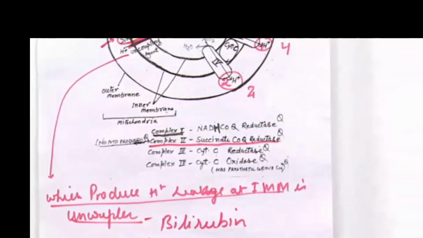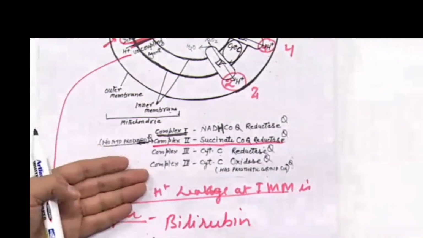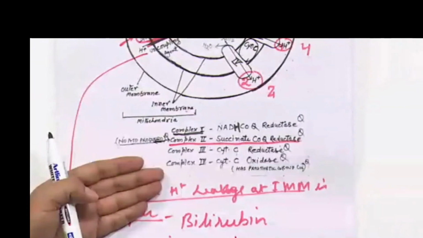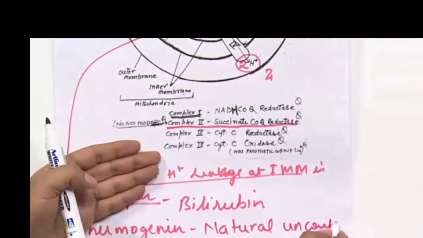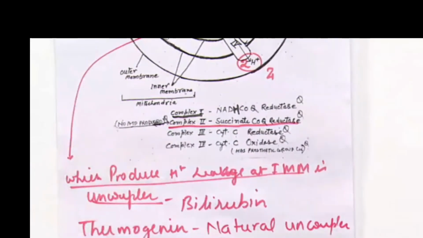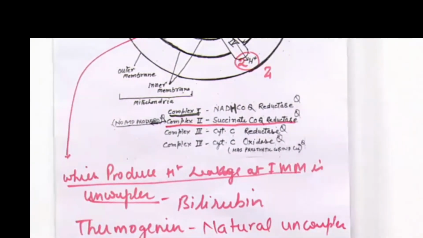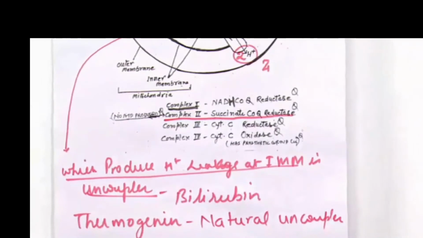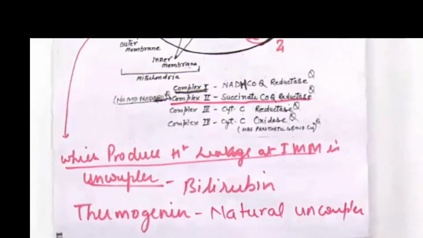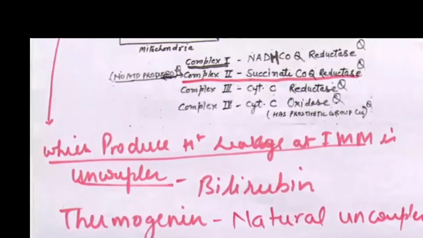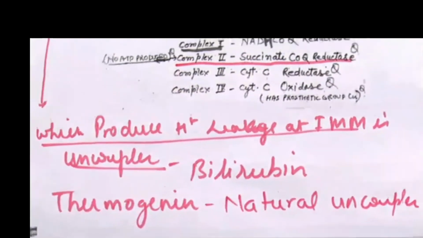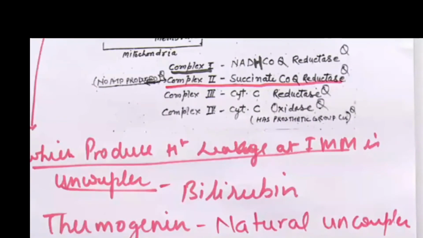Thermogenin is a natural uncoupler. What does it mean? You know, thermogenin is found in brown fat. Brown fat is responsible for non-shivering thermogenesis.